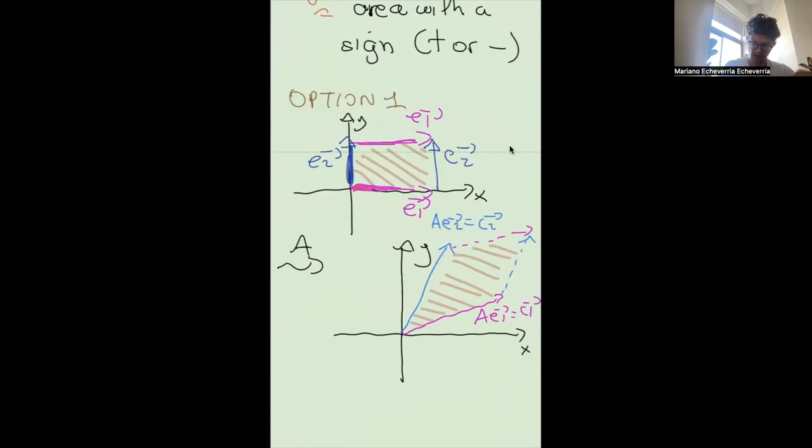And the thing here is that in this situation, you can rotate the vector C1 counterclockwise to get to C2.